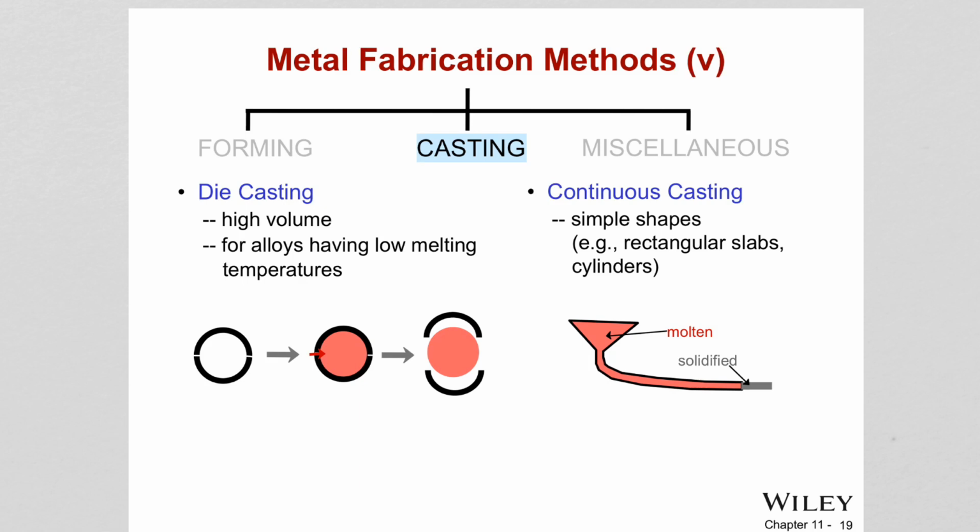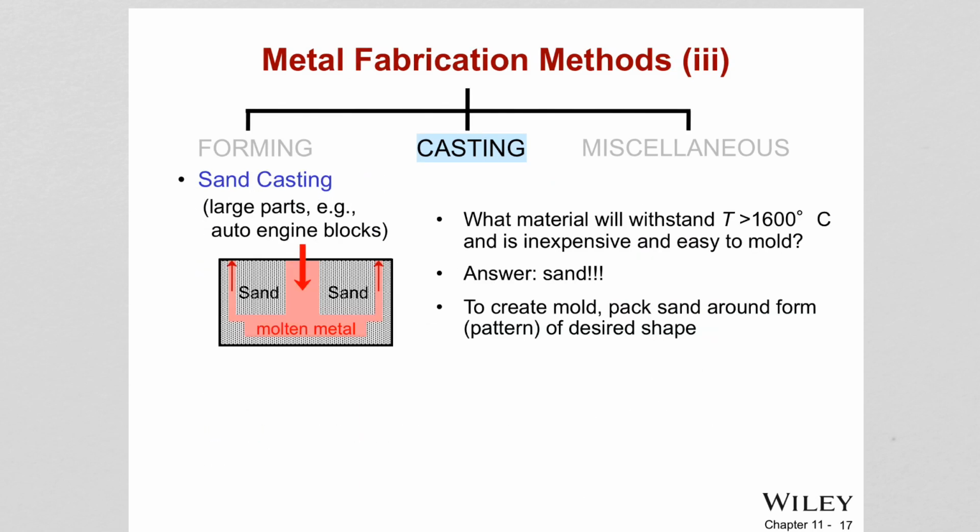In sand casting, once you cast the part, the metal solidifies, and you remove your part, you actually destroy the sand mold. So each time you do casting, you need to form the mold again and again.